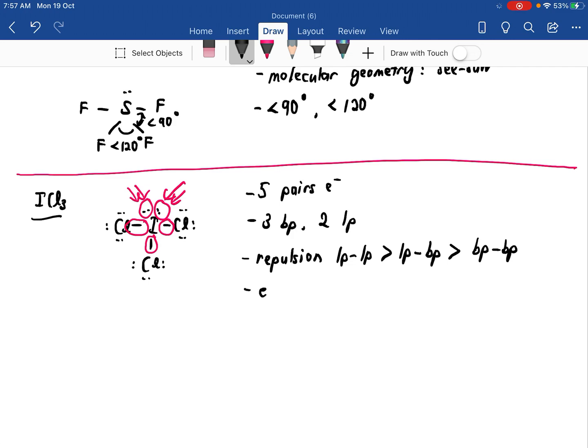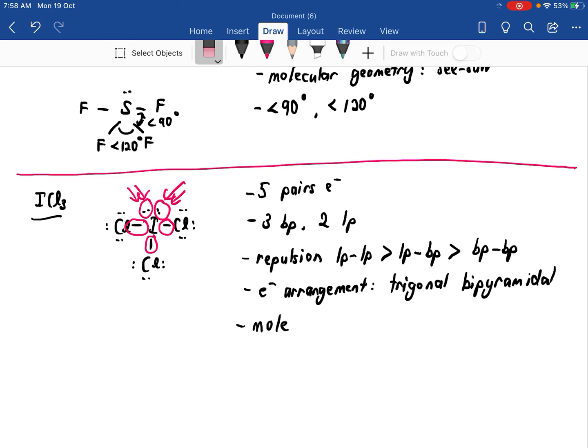So again, the electron arrangement is still trigonal bipyramidal because it has 5 pairs of electrons, but the molecular geometry now is T-shaped.